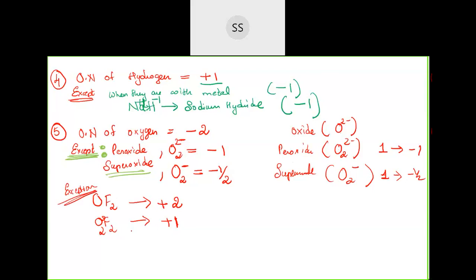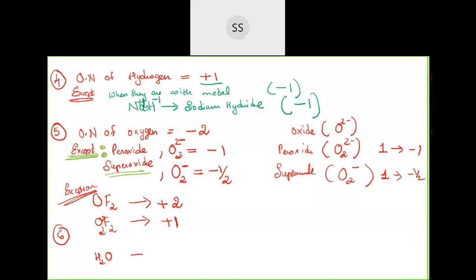Okay, write down this. Next is the sum of the oxidation numbers of a compound. If I take a compound like water, when you are taking a compound, the sum of all the oxidation states of the atoms present will be equal to 0.